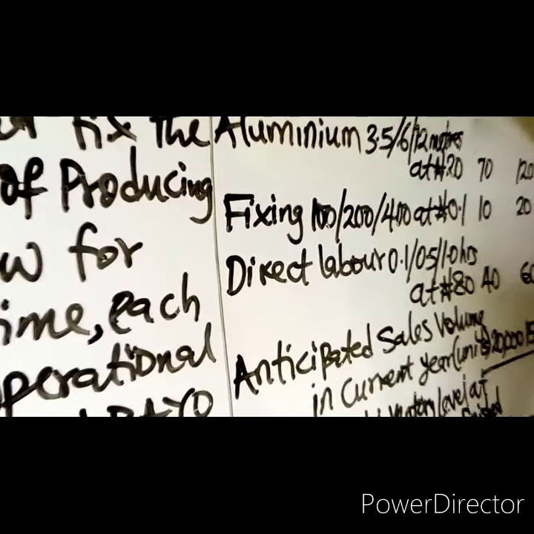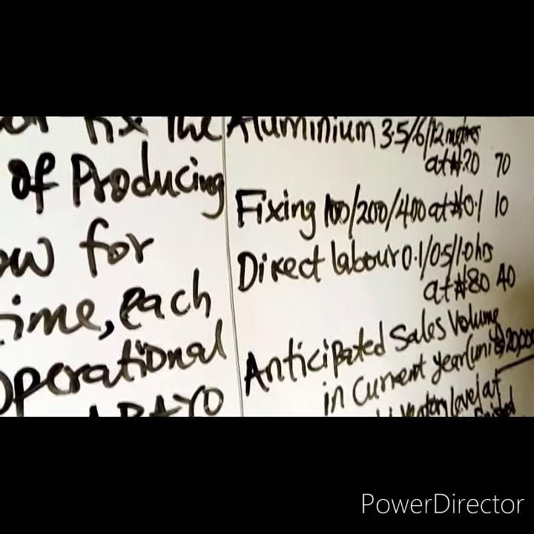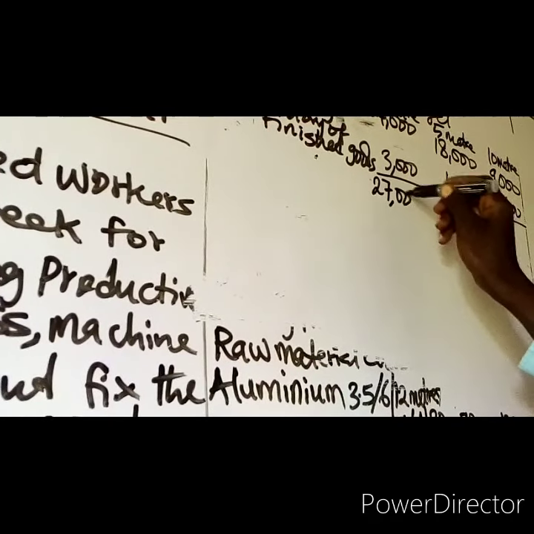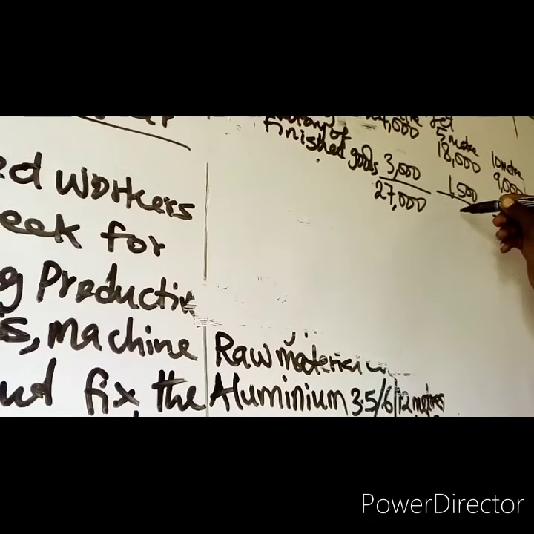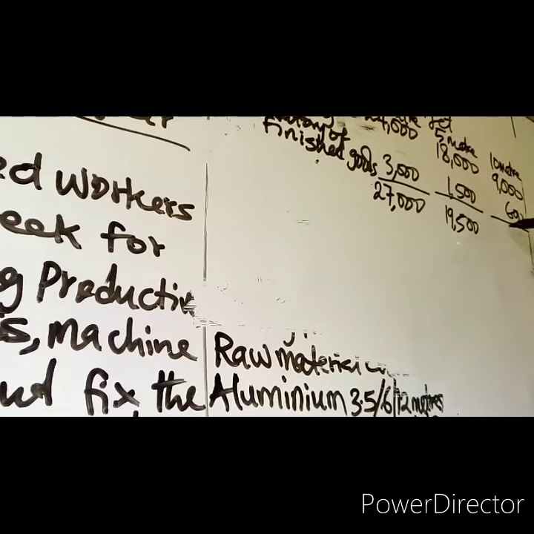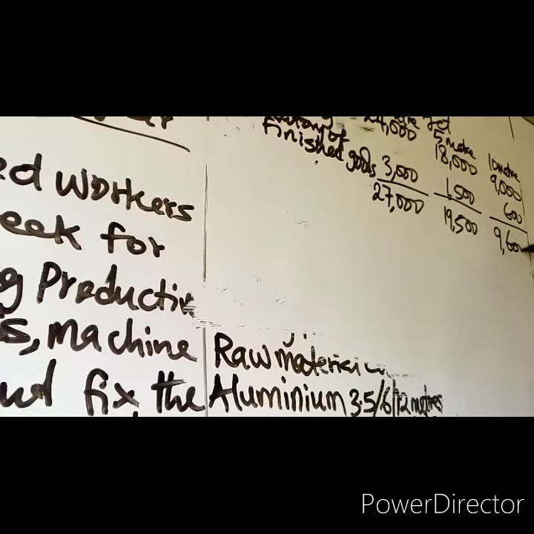You add the closing inventory. When you add the closing inventory, you have 24,000 plus 3,000, that will give us 27,000. This will be 19,500, and this one will be 9,600.